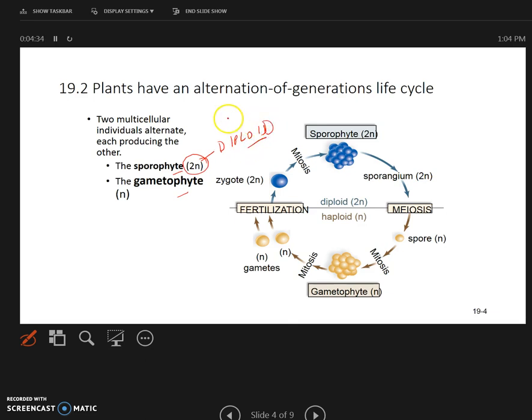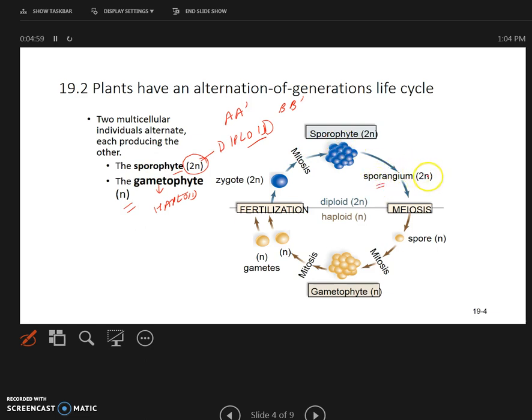Diploid means it has two sets of chromosomes. Like us, you have chromosome A from a father and chromosome A prime from a mother, B from a father, B prime from a mother. So each chromosome is represented twice. Gametophytes are haploid. That means they have only one set of chromosomes, N. The sporophyte, of course, produces spores in a sporangium.